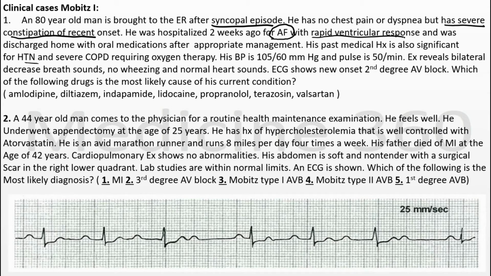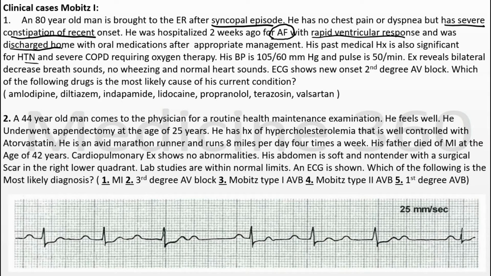It means we discharge the patient on such medication which controls the ventricular rate. In atrial fibrillation, to control the ventricular rate, we give medications like calcium channel blockers, beta blockers, in some cases digoxin and amiodarone. The most common drugs are the calcium channel blockers and the beta blockers.